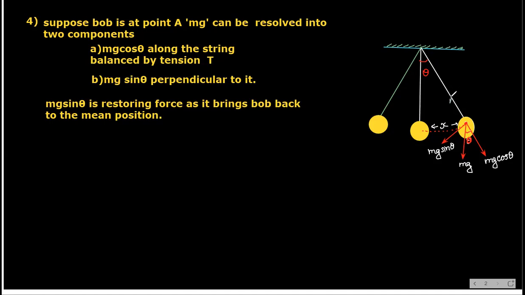You can see here tension is always here in the string. This is T, and mg sin theta is perpendicular to this tension or this mg cos theta component, you can see in the diagram. Now mg sin theta is restoring force as it tries to bring this bob towards the mean position. You can see here this mg sin theta component is trying to bring this bob to the mean position.